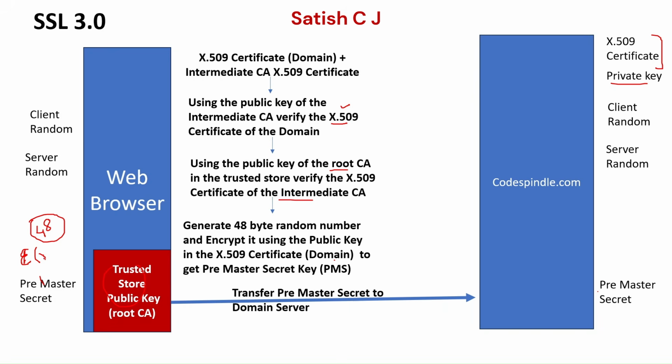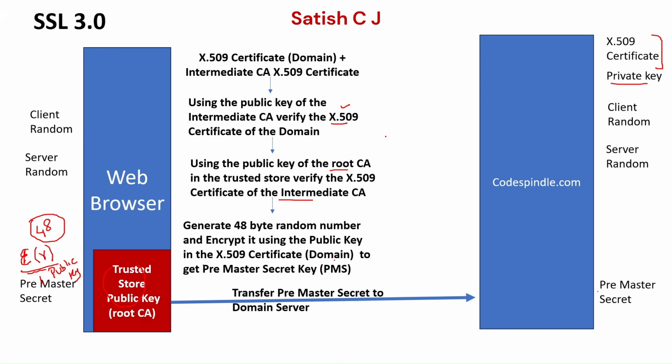For encrypting this, it will take the x.509 certificate which the server sent us, extract the public key from it, and use that public key for encrypting this specific random number. So this is encrypted using the public key present in the x.509 certificate which was sent to us.